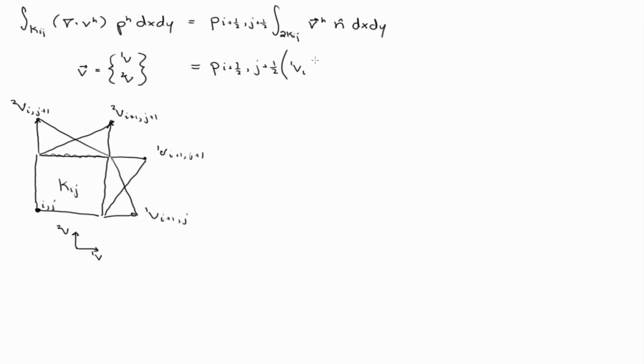I changed it 3 times in my notes when I was preparing it. I originally put it there, but then it looked like a V squared. I didn't want to put another index down here. So this is the one component of velocity. All right.